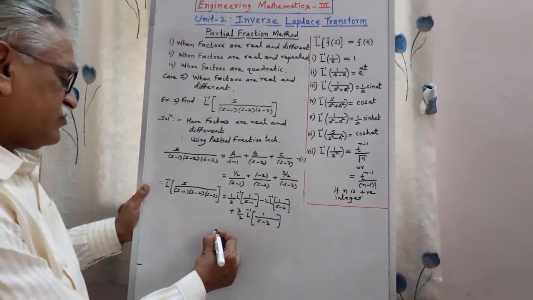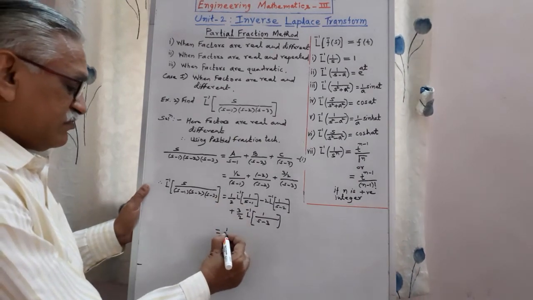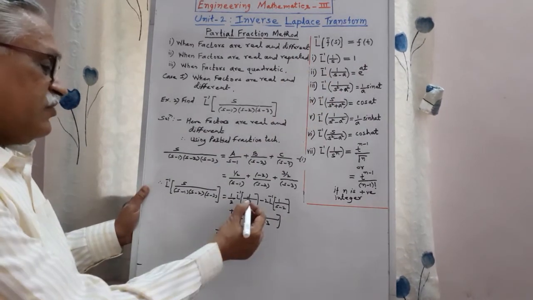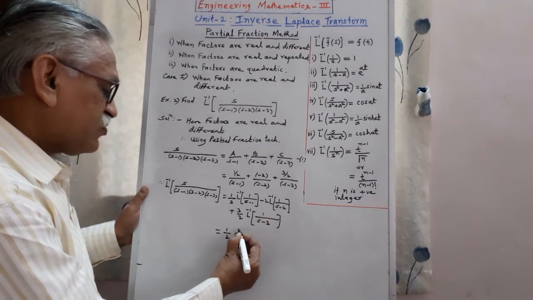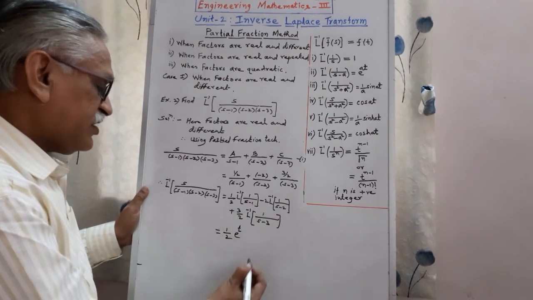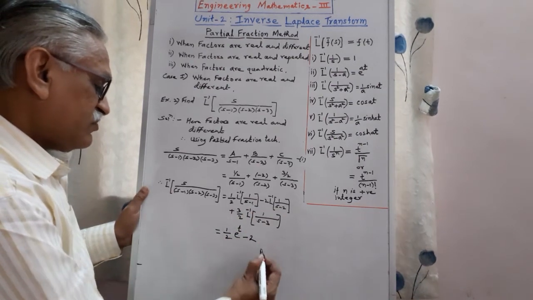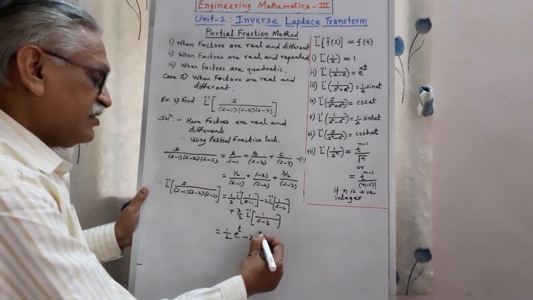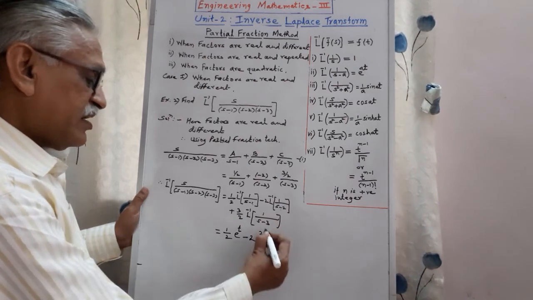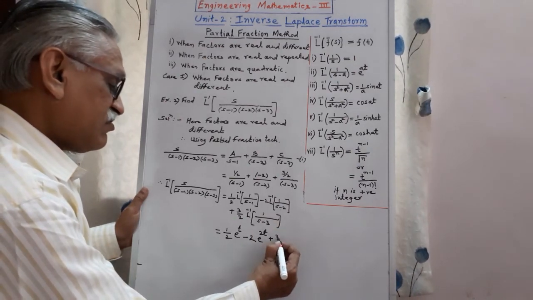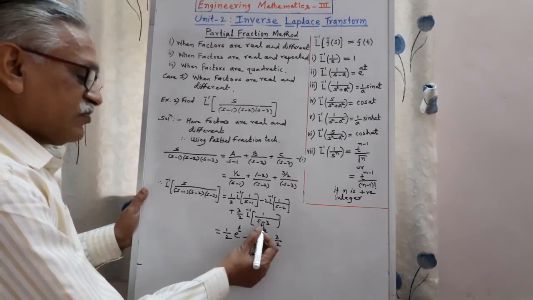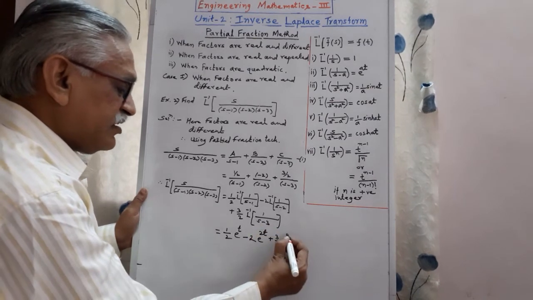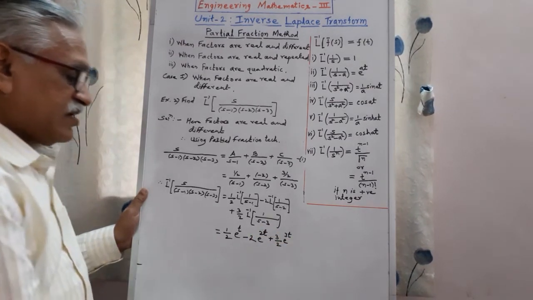Applying the standard result, inverse of 1 upon s minus a is e raised to at, so with a as 1 we get e raised to t, minus 2 e raised to 2t, plus 3 by 2 e raised to 3t.